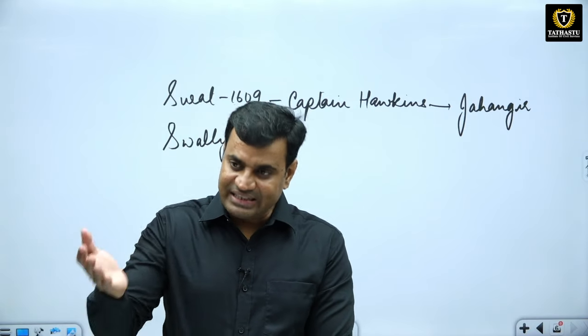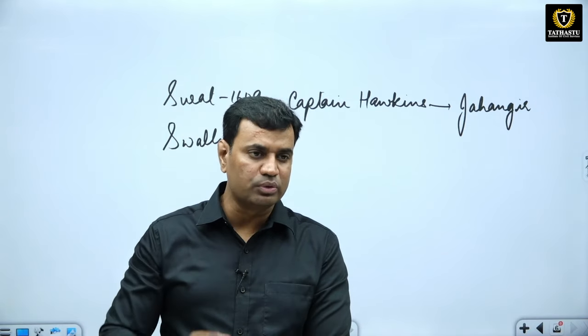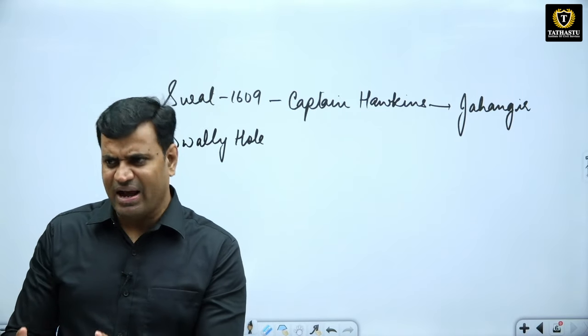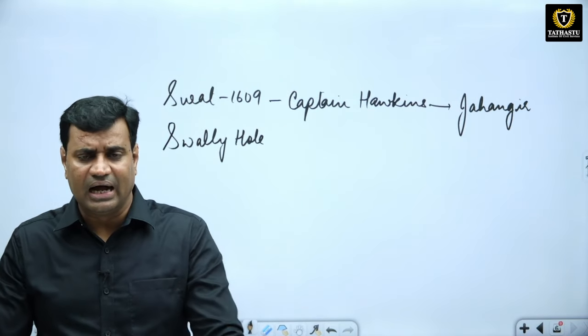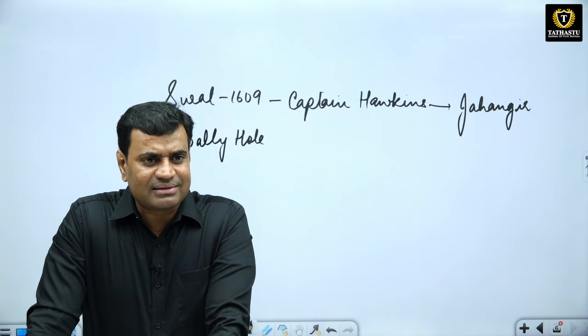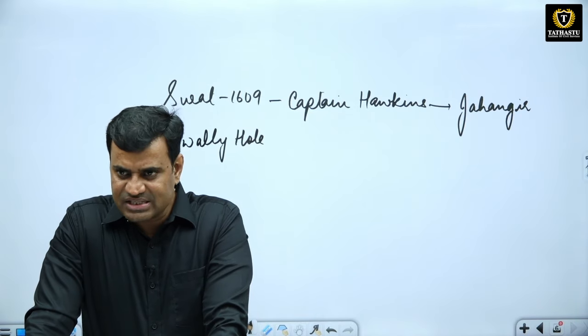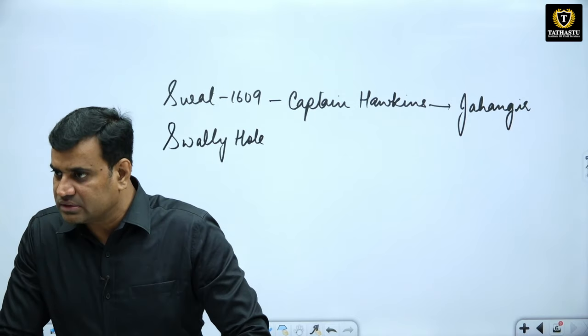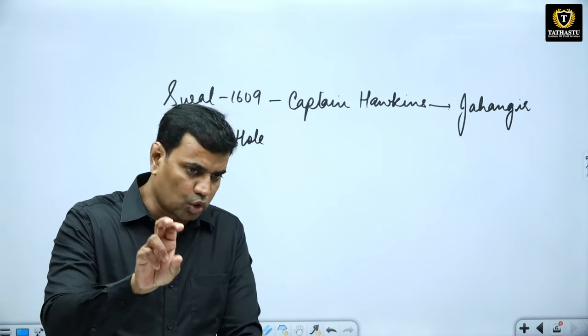When the Danes, or traders of Denmark, came to India in the 17th century, they established the first factory or first settlement in India at a place known as Tranquebar in 1620. Tranquebar is presently located in Tamil Nadu, on the Coromandel coast.